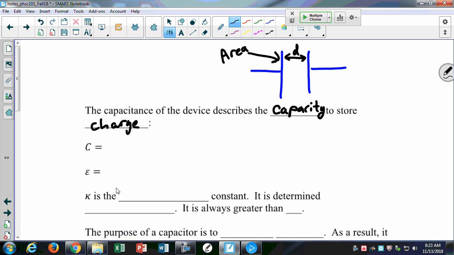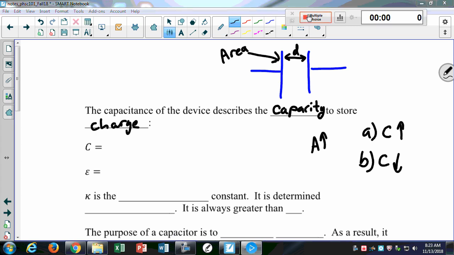If I make A bigger, will the capacitor's capacitance, or capacity to store charge, A, increase, or B, decrease?